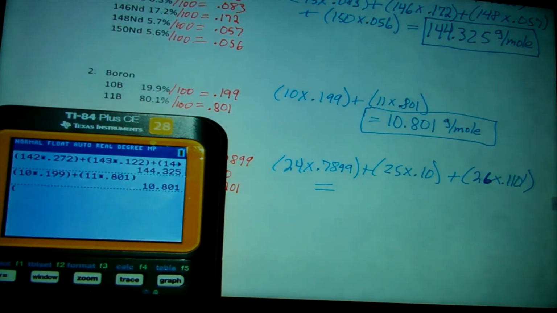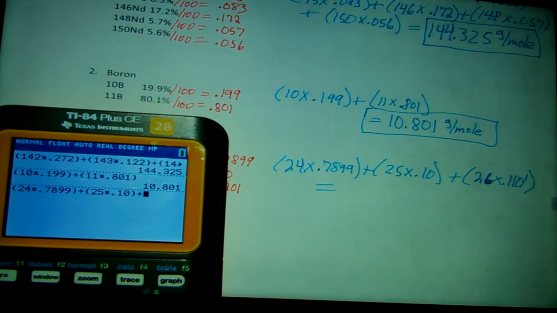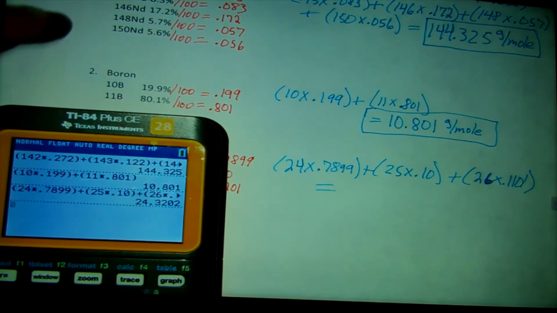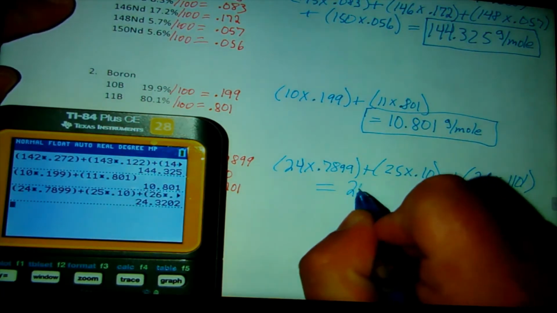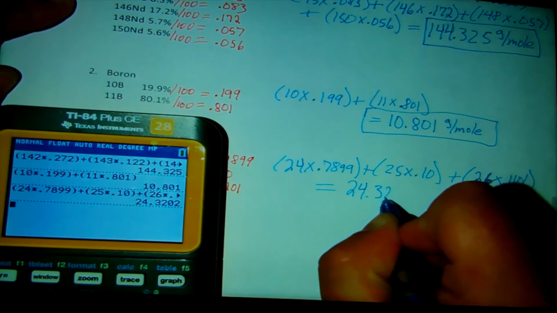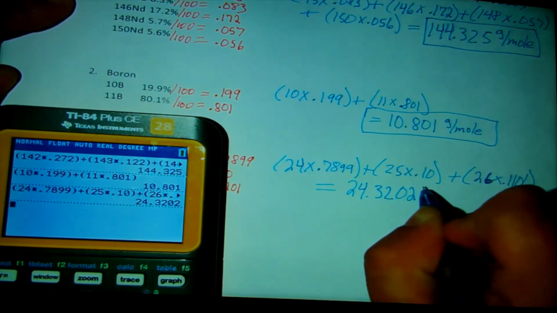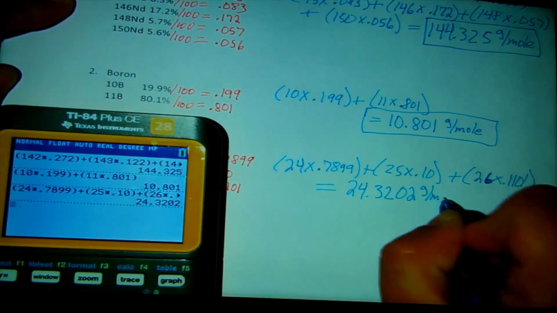So we get 24 times 0.7899 plus 25 times 0.10 plus 26 times 0.1101 equals 24.3202 grams per mole.